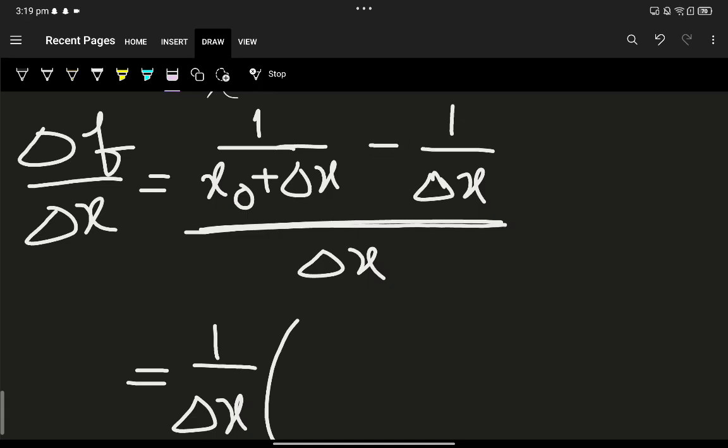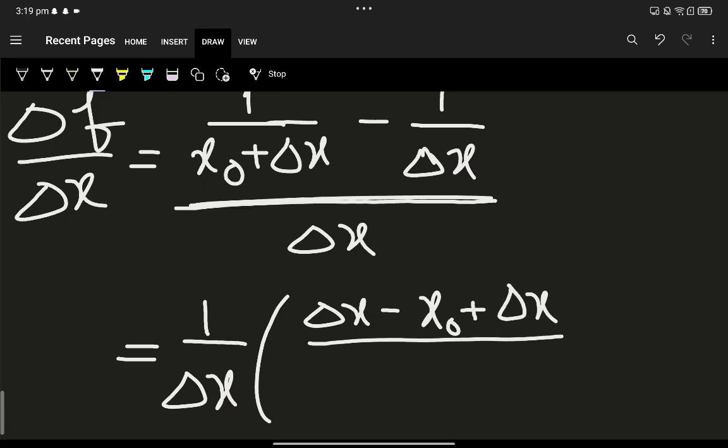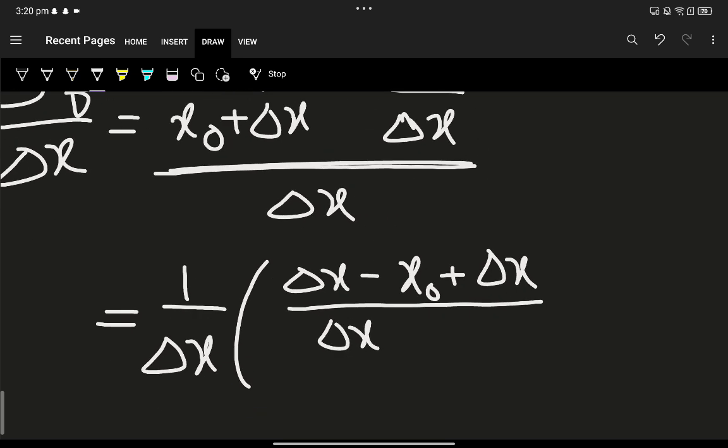This is a basic concept that you learn in lower grades. So it will be delta x minus x naught plus delta x, upon the multiplication of both the denominators, delta x times x naught plus delta x.